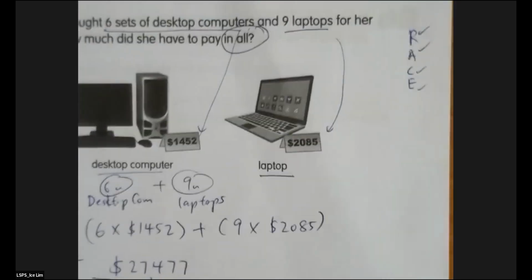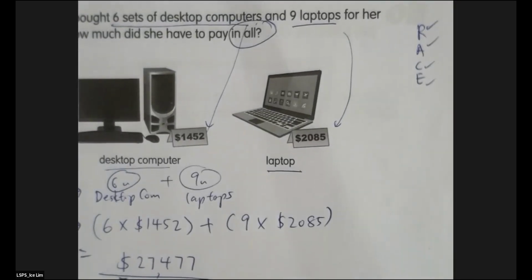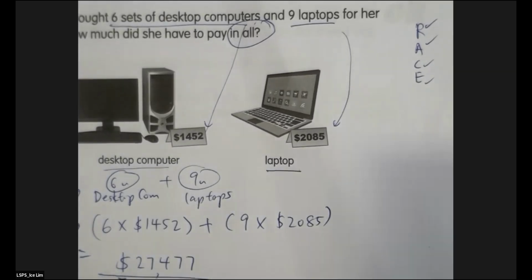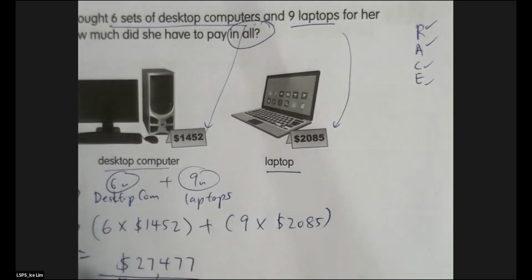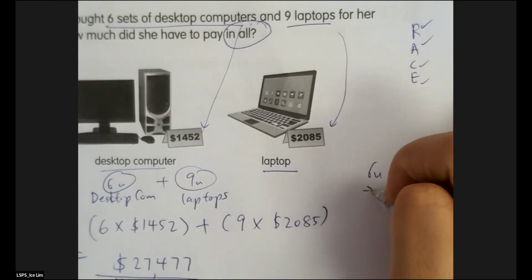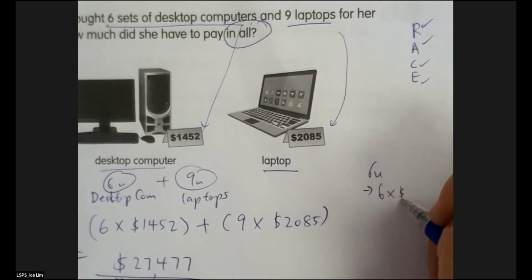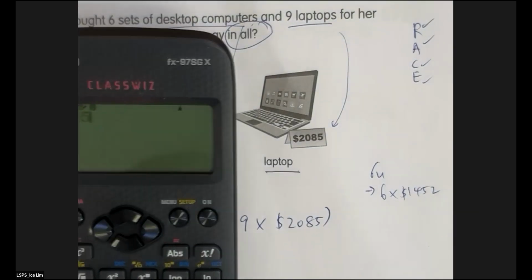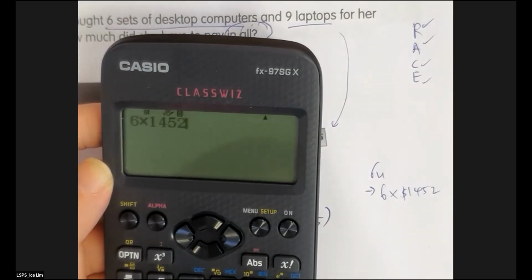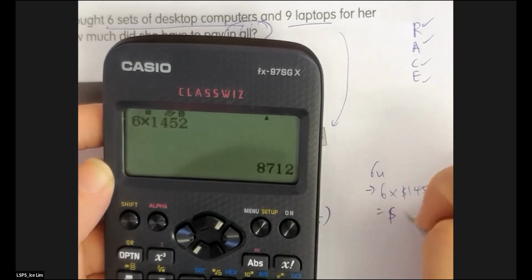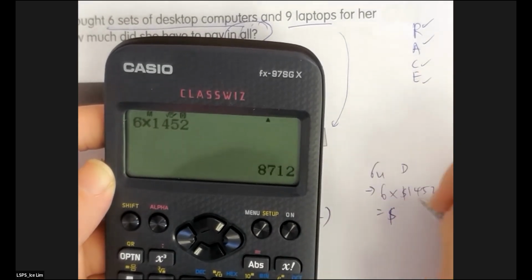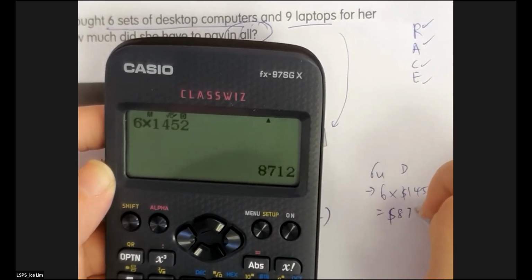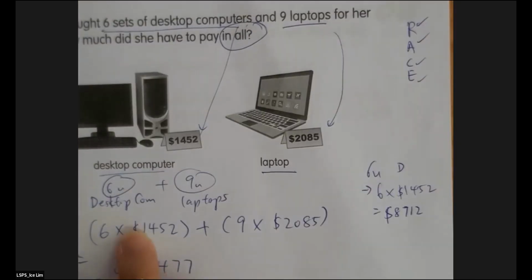Check. I can check really diligently, each of them. 6 times 1,452 equals 8,712. This is the desktop computer.